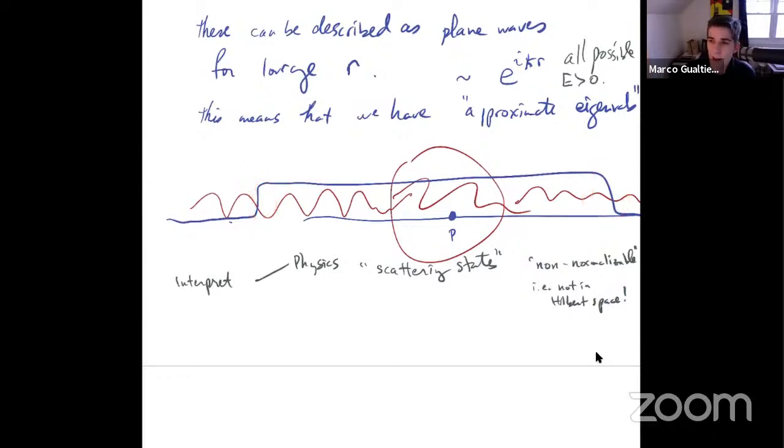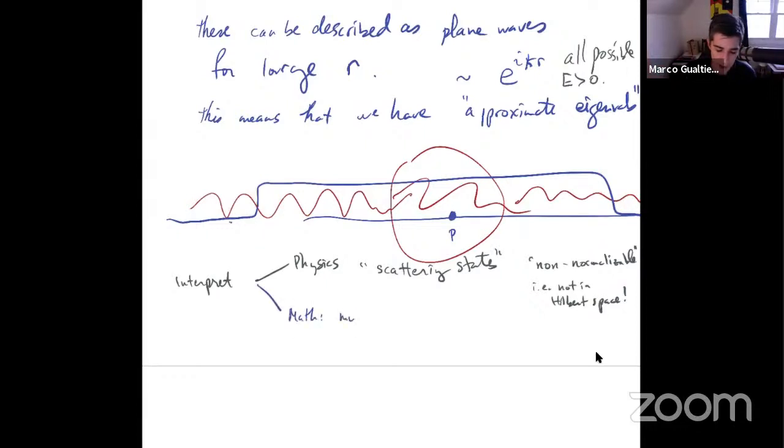Okay, and so what you can do is take a sequence where this bump is going farther and farther out. So we can produce a sequence of vectors in Hilbert space in math.